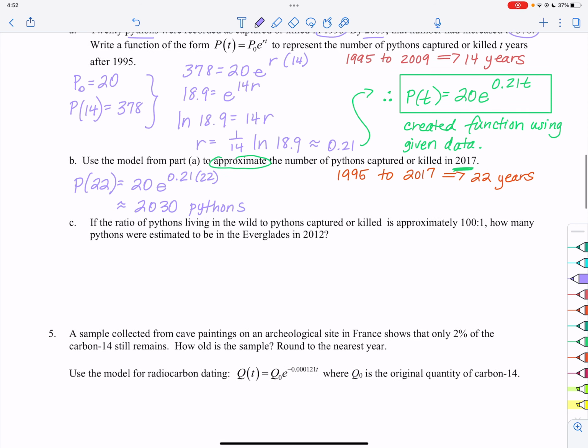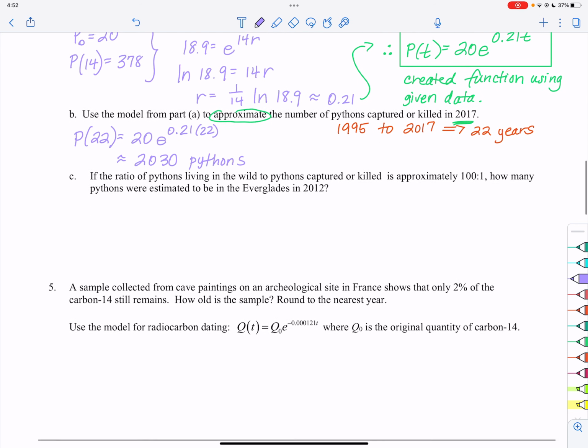Okay. In C, the ratio of pythons living in the wild to pythons captured or killed is approximately 100 to 1. So living in the wild related to captured or killed.